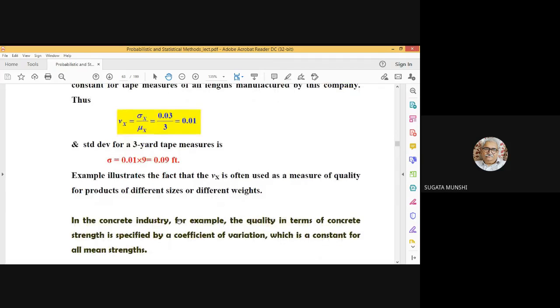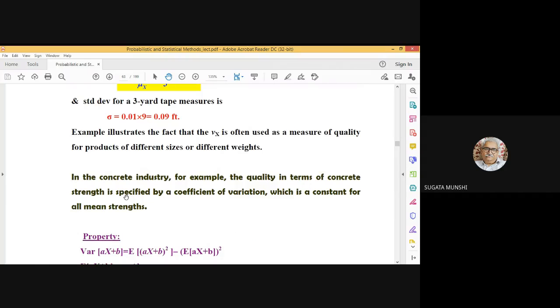Therefore, the example shows the fact that Vx is often used as a measure of quality for products of different sizes or different weights. As a matter of fact, in the concrete industry, the quality in terms of concrete strength is specified by a coefficient of variation, which is a constant for all mean strengths.